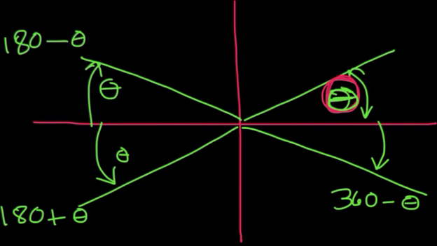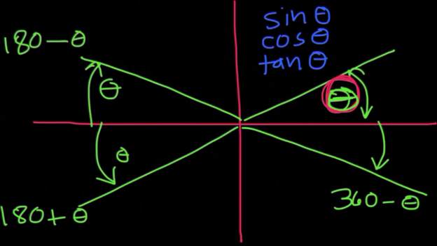What we also notice is that when we take the trig ratios in each of these quadrants, in the first quadrant, all of the trig ratios are positive. So sine theta, cosine theta, and tan theta are all positive in the first quadrant. But in the second quadrant, if I've measured an angle that takes me into the second quadrant, then it's only going to be the sine ratio that will give us a positive answer.